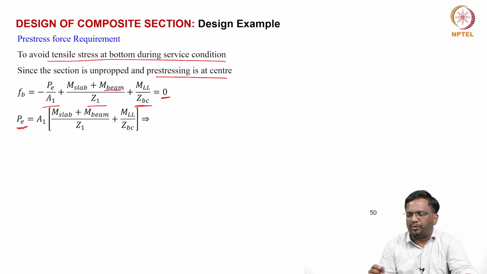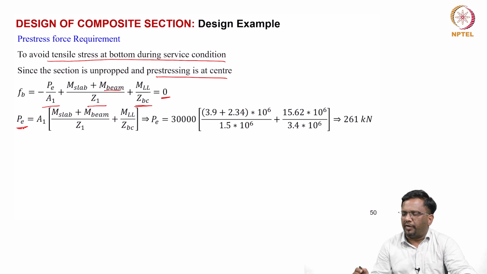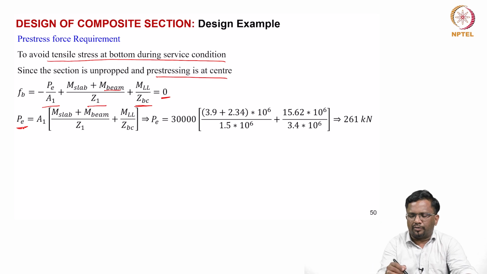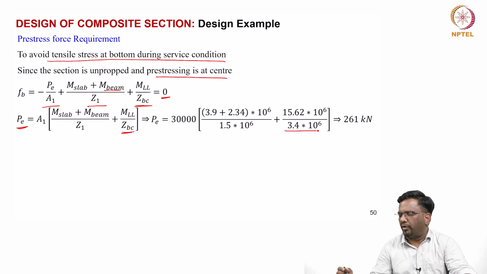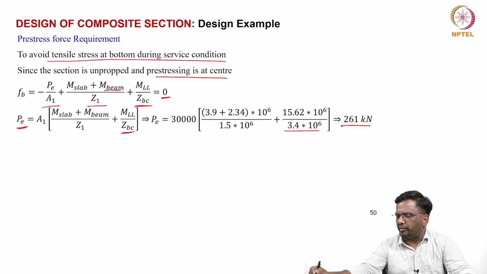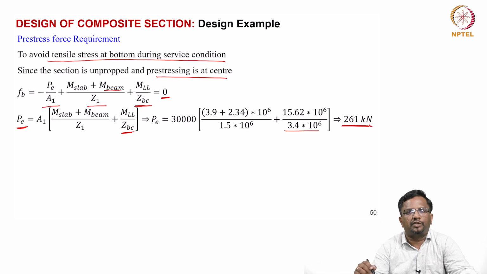So once you substitute all the numbers, then we get the effective pre-stress requirement. We have calculated already slab moment, beam moment, section modulus Z1. Section modulus for the composite section we already calculated as 3.4 into 10 to the power of 6. You plug in all the numbers, then you find the effective pre-stress force as 261 kilonewton.